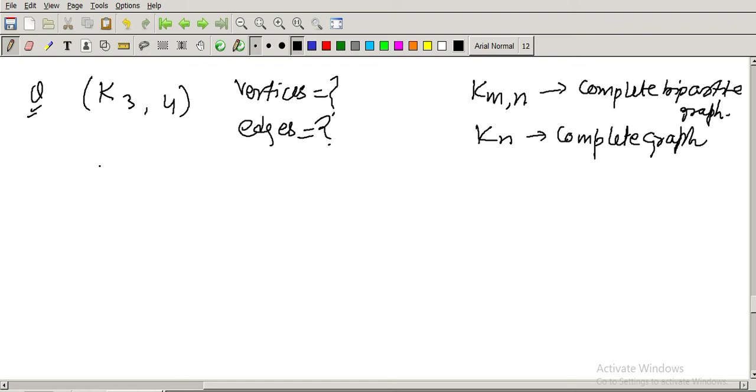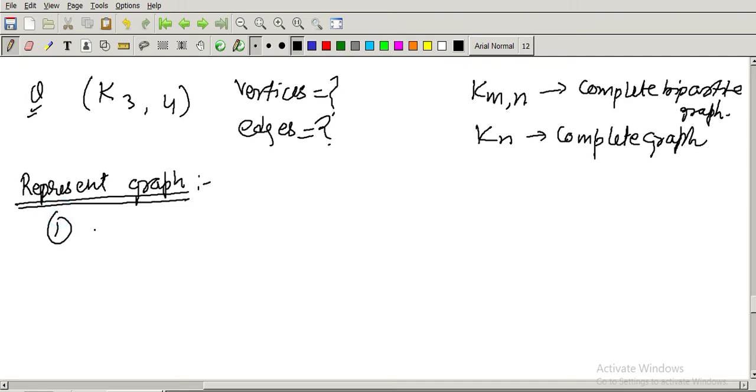Okay, now we come to the graph representation, meaning how to represent a graph. There are two ways to represent graphs.